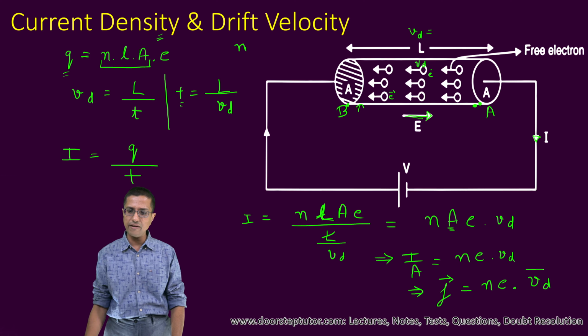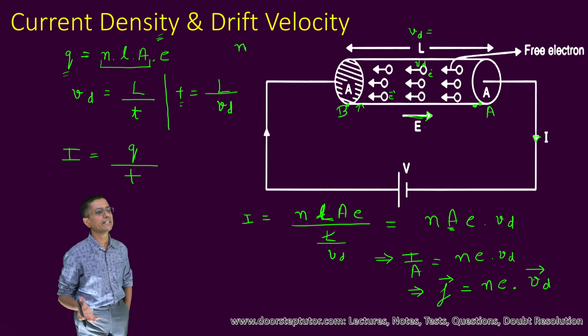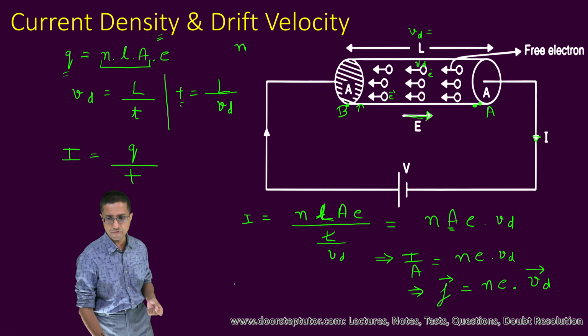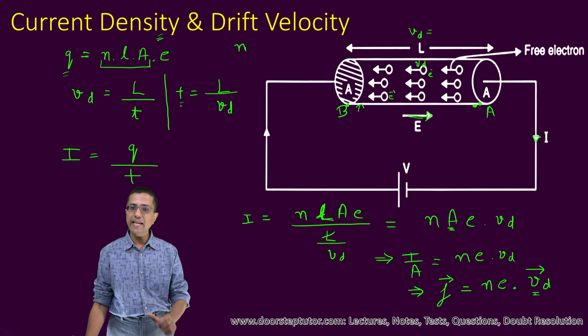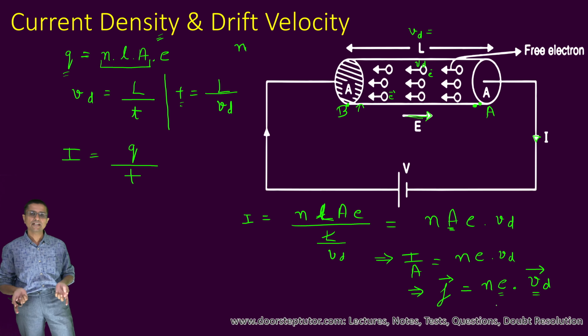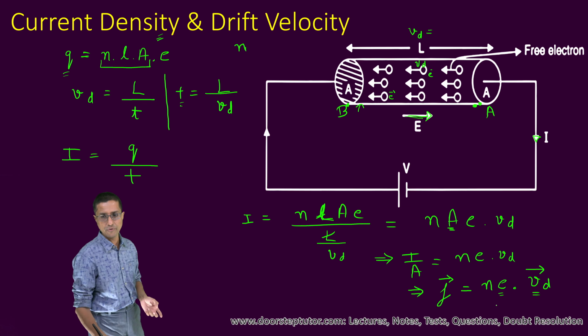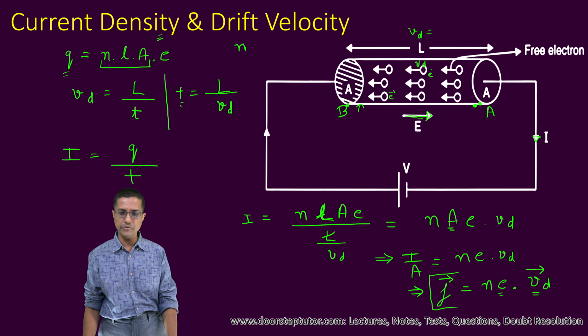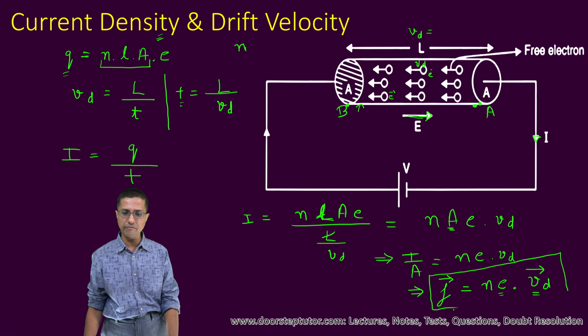And this Vd of course is a vector, and the current density would be in the direction of Vd. In the case of electrons, because e is negative, my current density and also the current is opposite to the direction of Vd. So this formula is always correct, and it always gives you the correct vector direction.